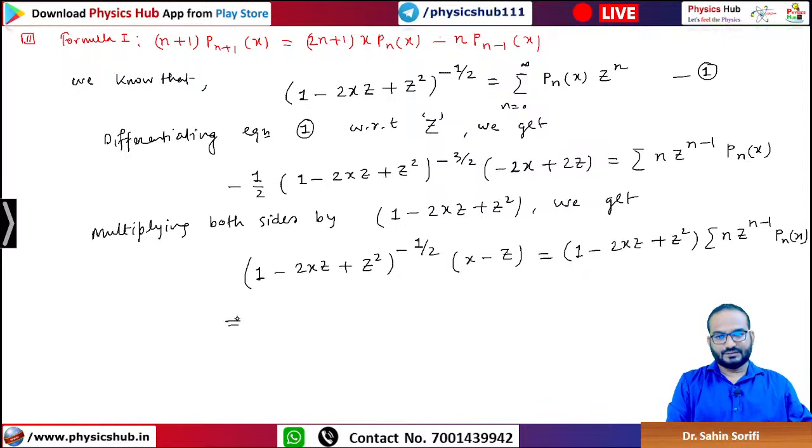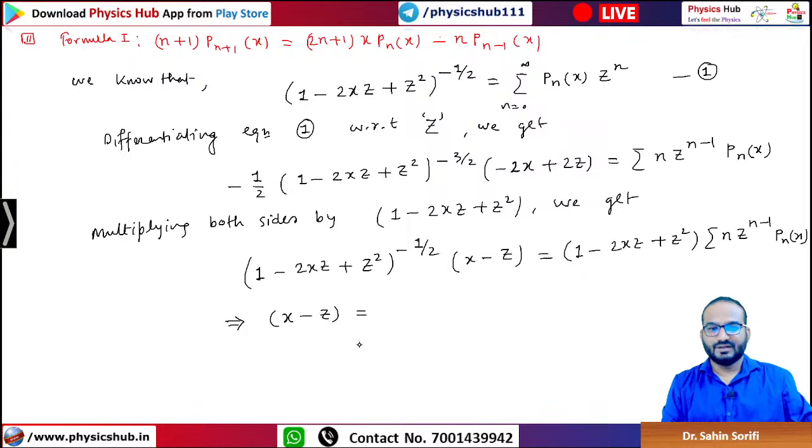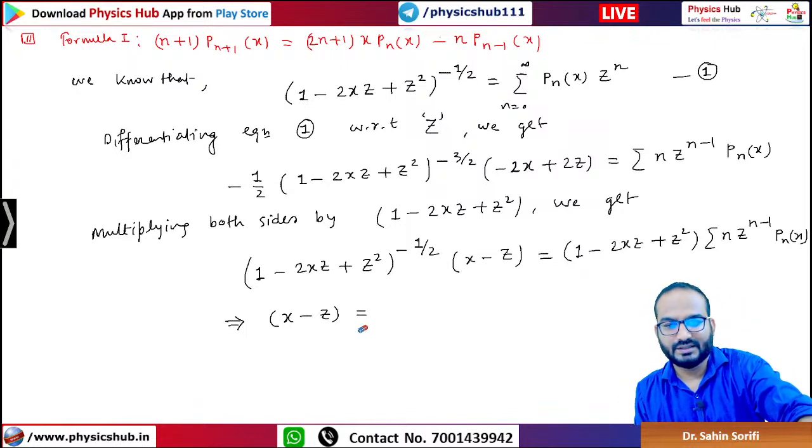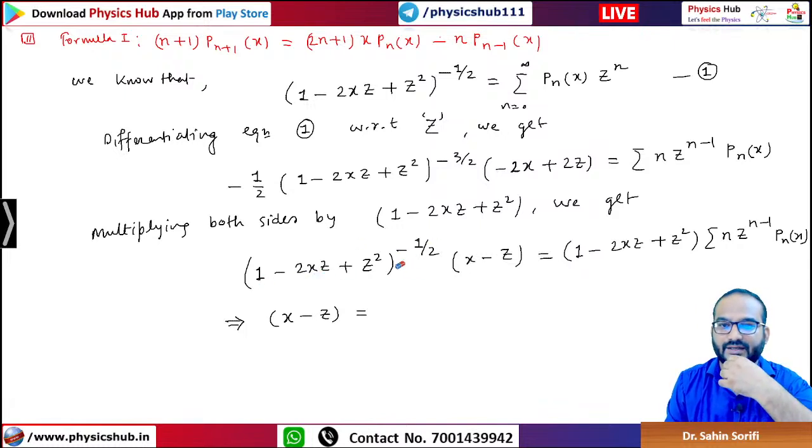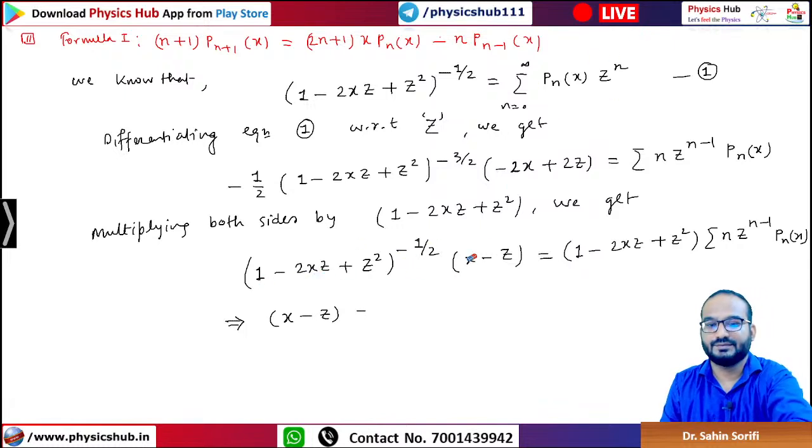So from this, what you can write: (x minus z) times (1 minus 2xz plus z squared) to the power minus half, this is equals to the sum of P_n(x) z^n, so we can put it, isn't it?